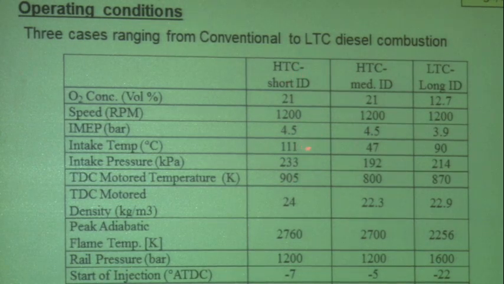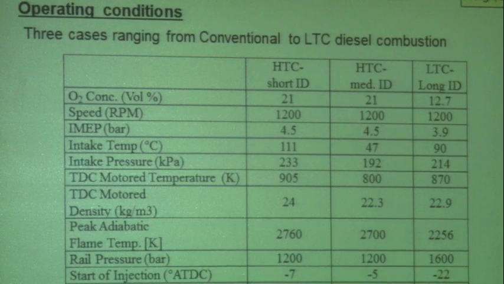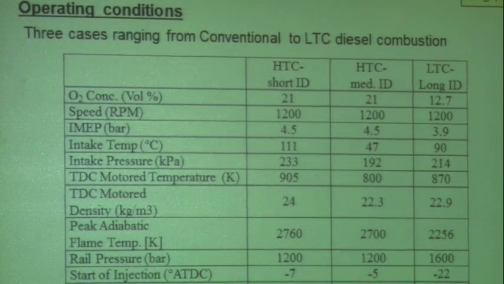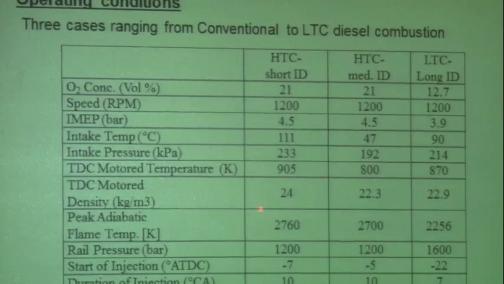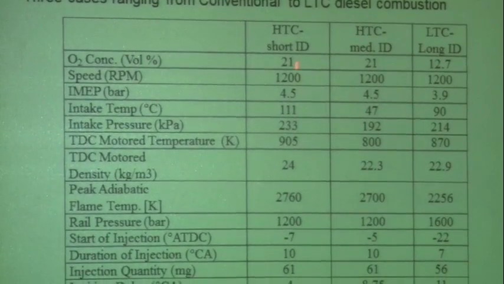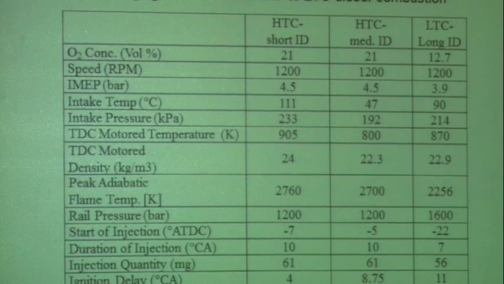In order to have a short ignition delay, his intake temperature was higher in those data, whereas here the medium data had a more typical intake temperature around 50 degrees. Low temperature was around 90 degrees. Let's see, any other parameters of interest here. You can see the flame temperatures estimated from the data being quite high for the high temperature combustion, 2700.